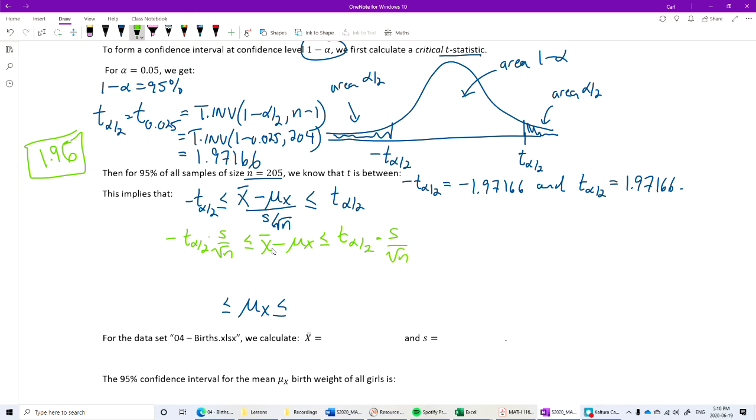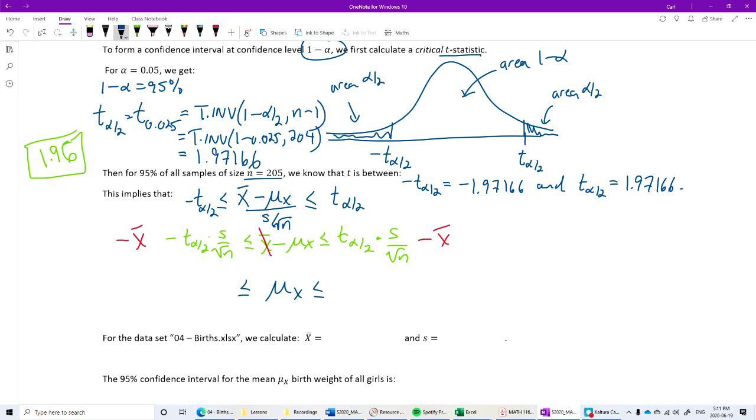Now what? How do I get the x bar out of there? I can subtract x bar from everything, and that will get rid of that. And then the last step, if I multiply everything by minus 1, then I end up with my final answer.